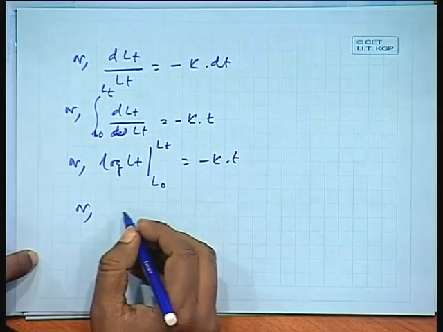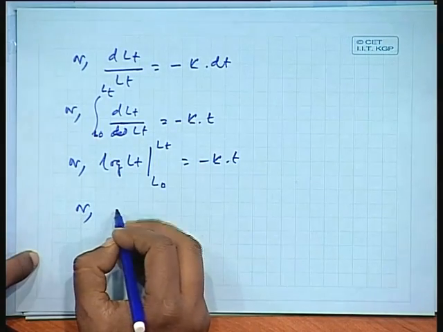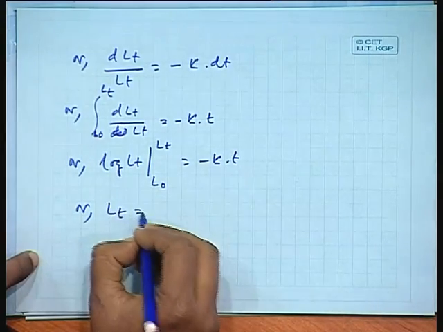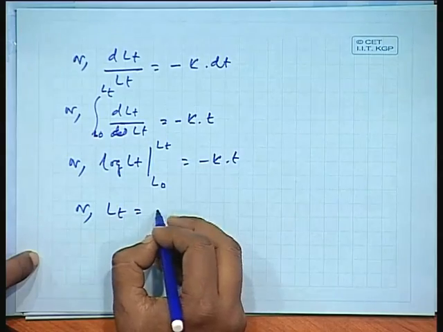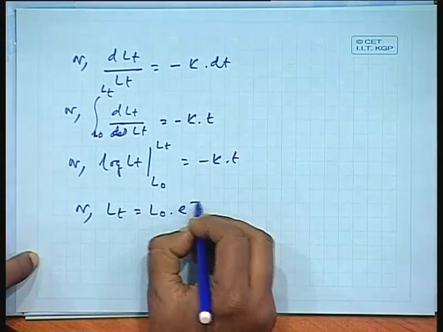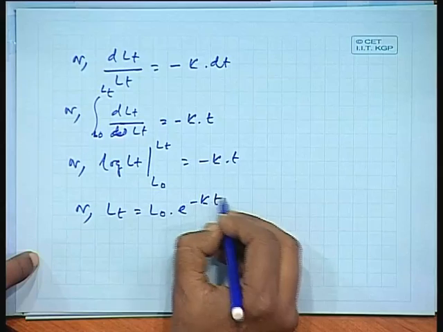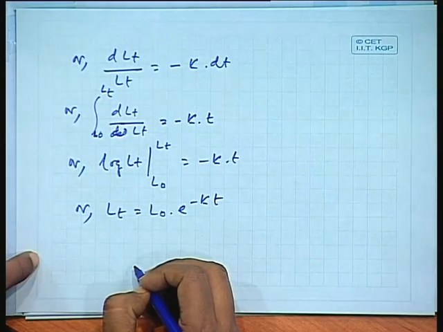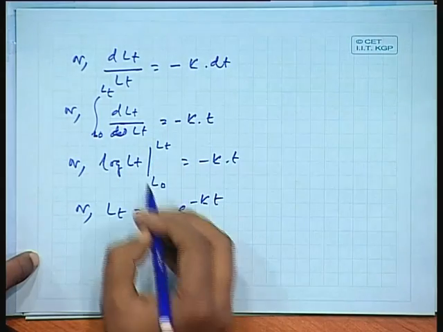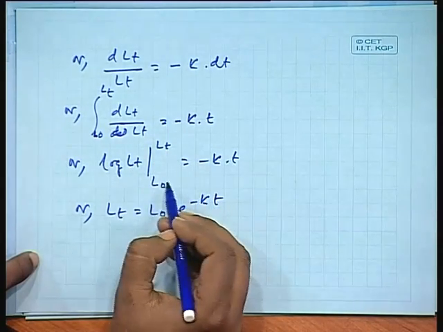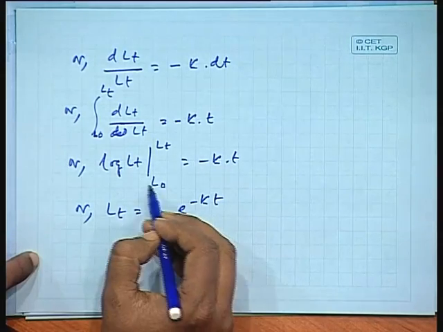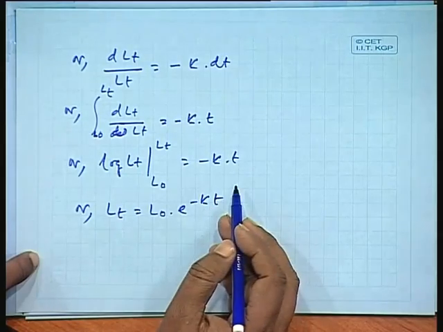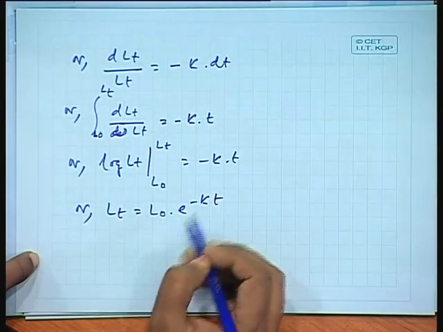Essentially, LT is equal to L0 into e to the power minus kt. So, log LT divided by log L0, LT by L0 would be e to the power minus kt. So, L0 into e to the power minus kt.